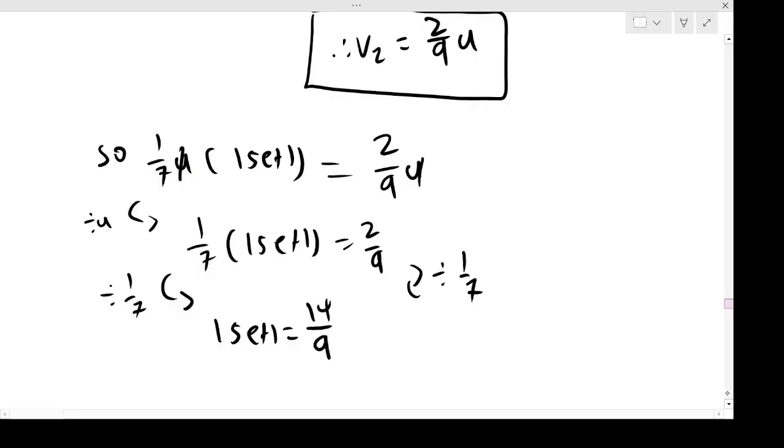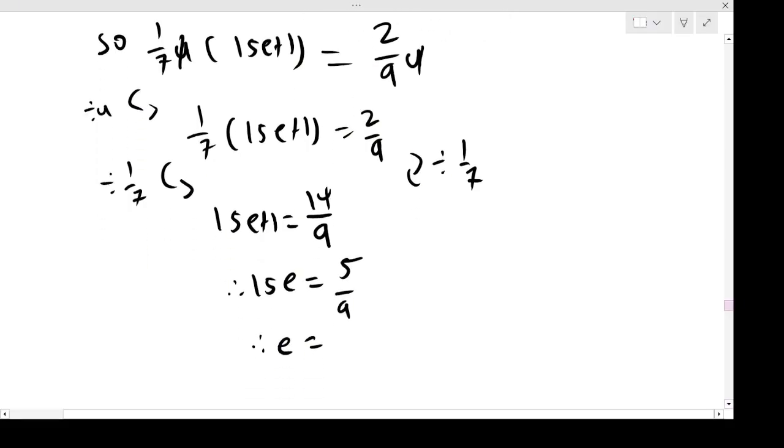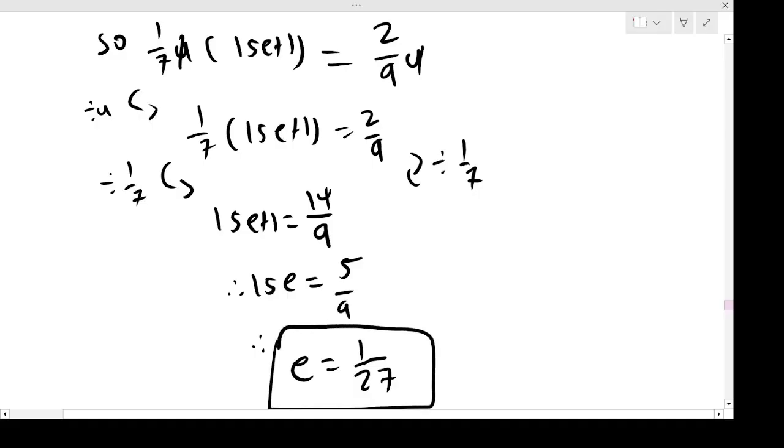And therefore 15e, if I subtract 1, I get 5 over 9. Therefore, divide by 15, I get E to be 1 over 27. And that is my value for E here. So hopefully you're happy with that, and that all makes sense.